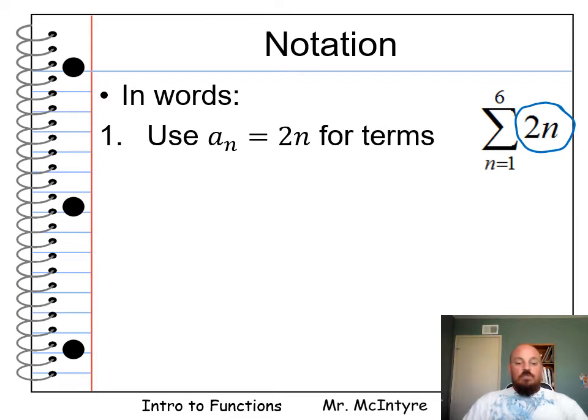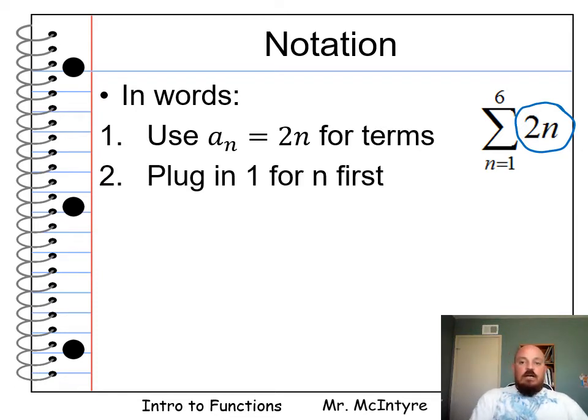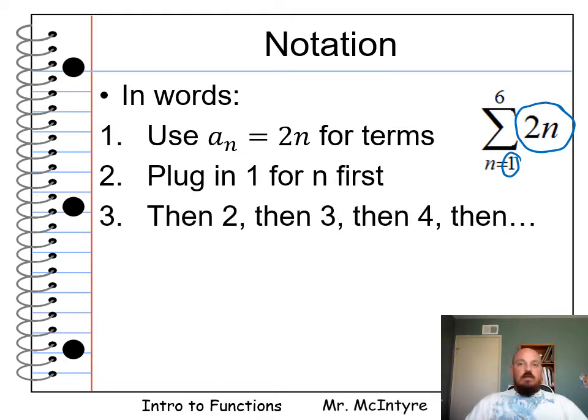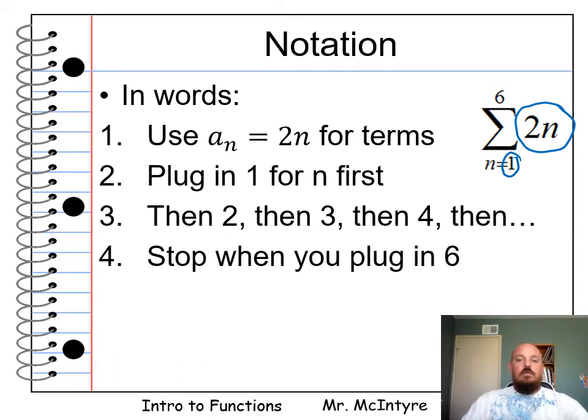So when I start plugging in numbers, I look down here and I say, okay, there's a 1 there. So I'm going to plug in 1 first, and I get an answer. That's the first term. Then I keep going from there. After 1 comes 2, and then 3, and then 4, and you keep going as long as you need to, but you stop when you plug this number in. That's the last number you plug in.